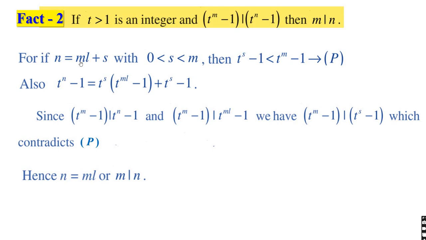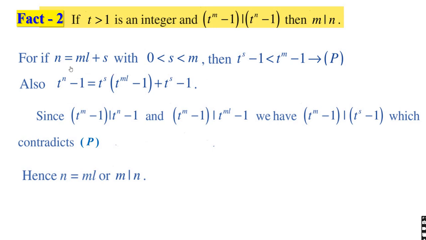Then by the Euclidean algorithm, given integers n and m, there exist integers l and s such that n is equal to ml plus s, with either 0 less than s less than m, or s equal to 0. We are going to claim that this s is only 0. Suppose we assume otherwise, then we have to get a contradiction.